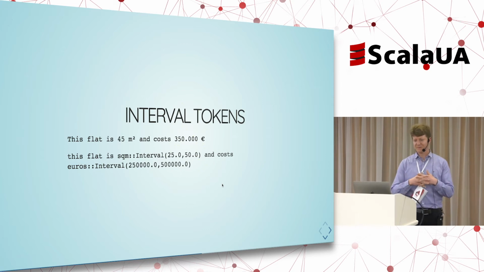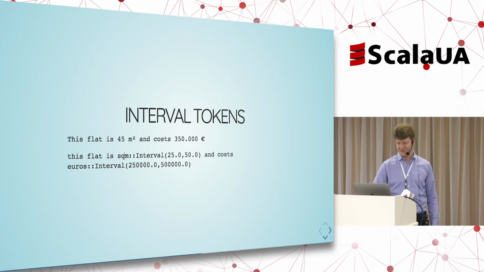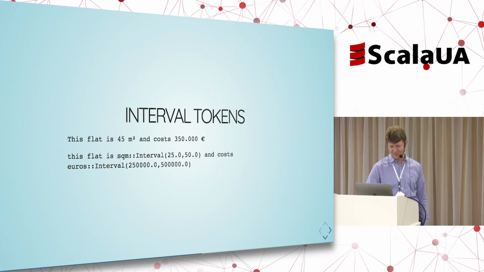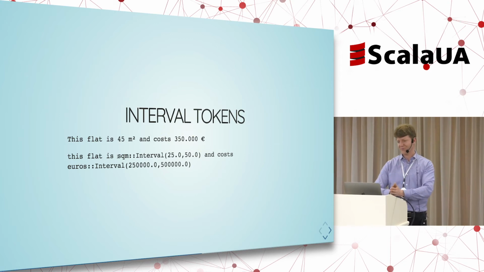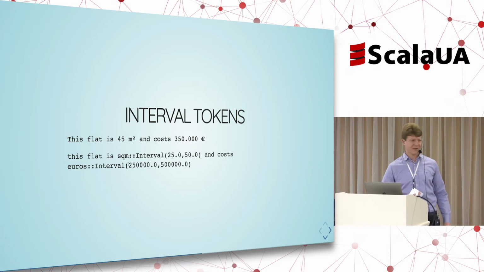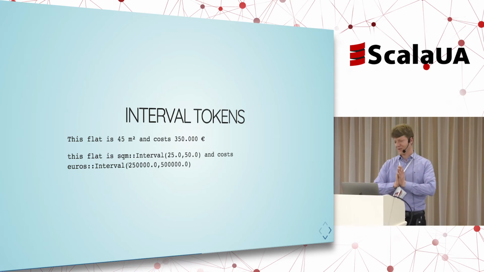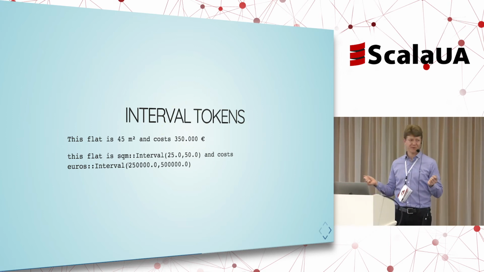And here I would replace the 45 square meters with a synthetic interval token that just tells me there's a square meter amount between 25 and 50, and I would replace the 35,000 euro with another interval token that just tells me there's some euro amount between 250,000 and 500,000.